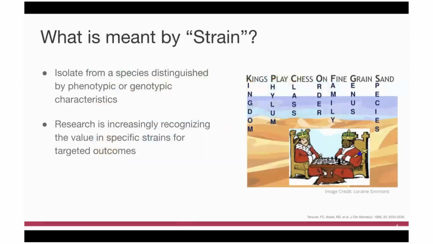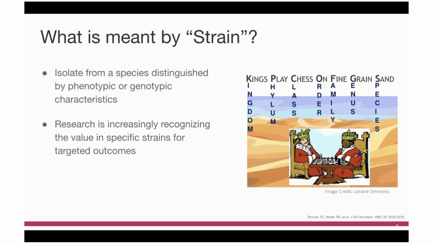You'll hear me say the word strain a lot in this particular presentation, so let's take a moment to discuss what I mean by that. For some of you, this will be a review, but for a lot of you, this is going to take us back to basic biology. I know when I took biology, we didn't talk about strains. So most of us learned some version of King Phillip Came Over For Good Soup.